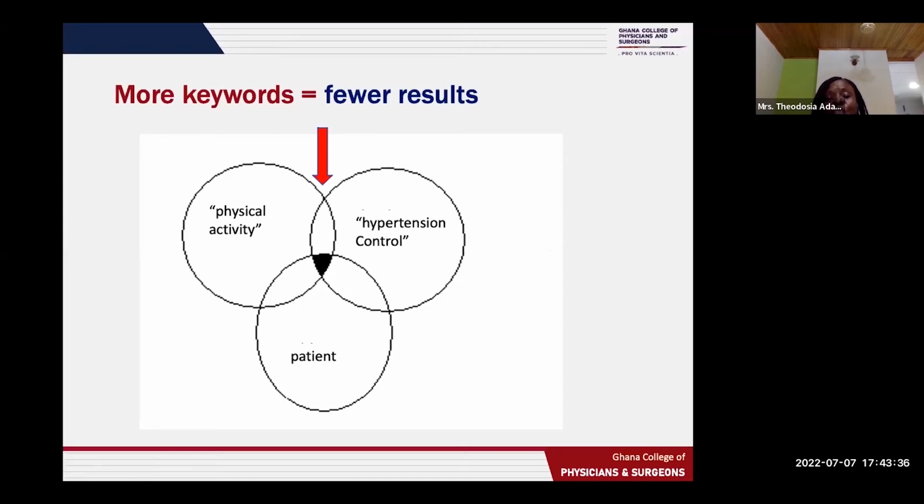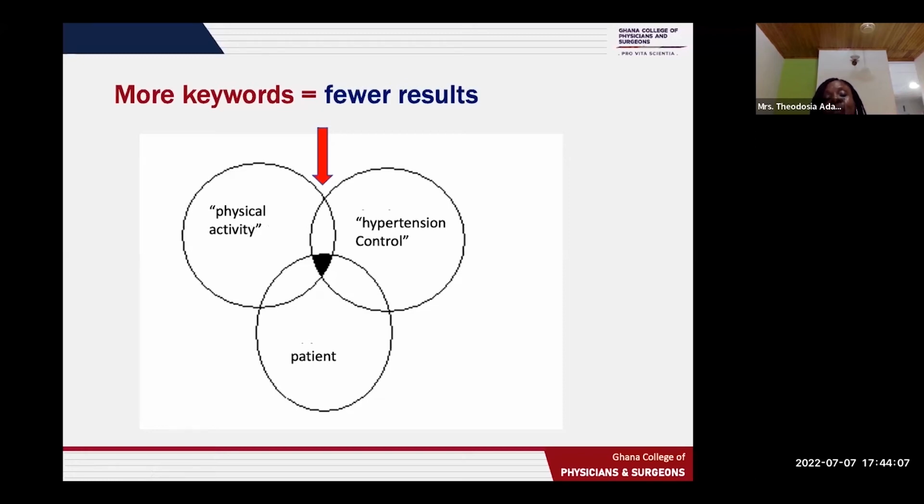So the trainee needs to understand that the search needs to be done again, but this time without the least important concept. I would suggest that the least important concept here would be patient, because you are interested in papers that talk about both physical activity and hypertension control. Again, it can be left to the judgment of the researcher.